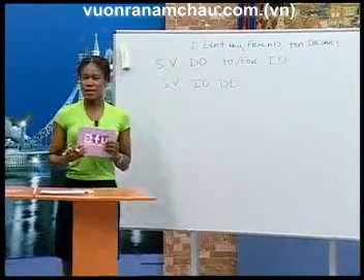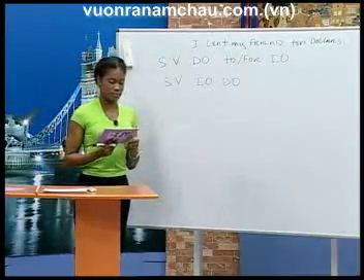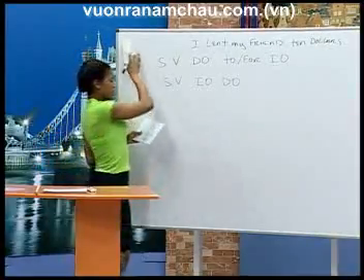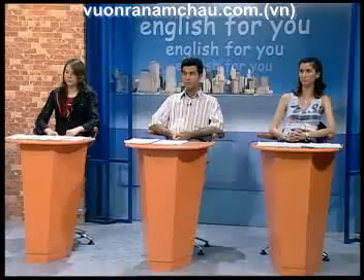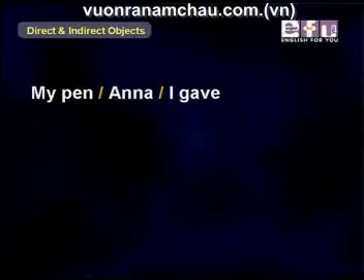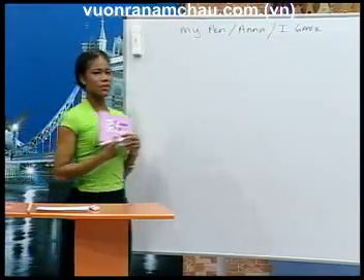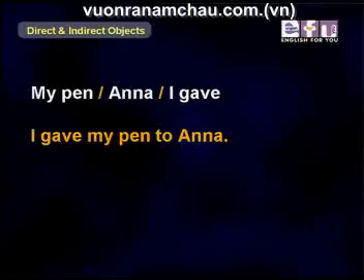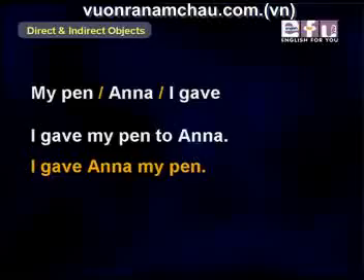Now that we understand direct objects and indirect objects, let's practice. I will give you the words, and you make the sentences in two ways. Okay, let's see. I give you my pen, and Anna, I gave. Alberto, can you do this one? I gave my pen to Anna. Good.